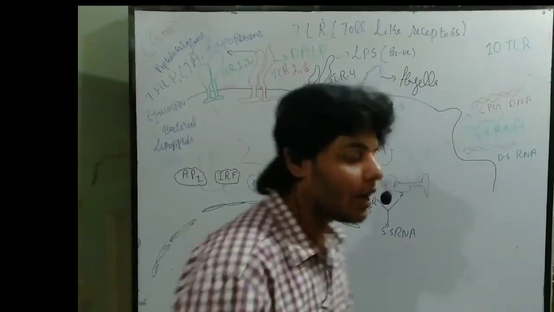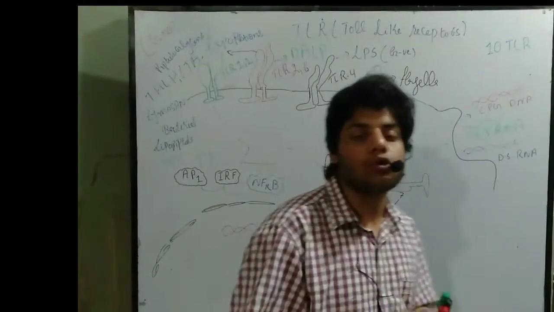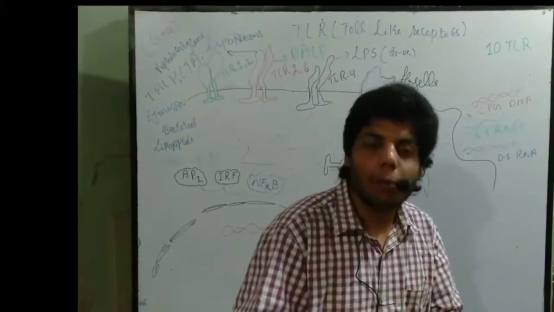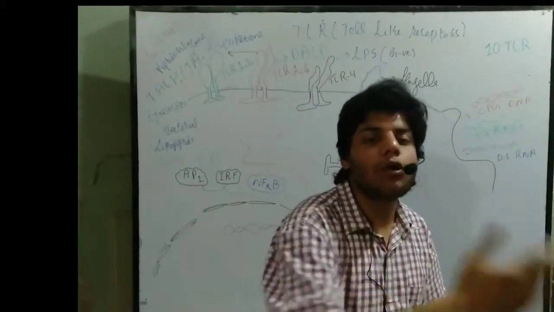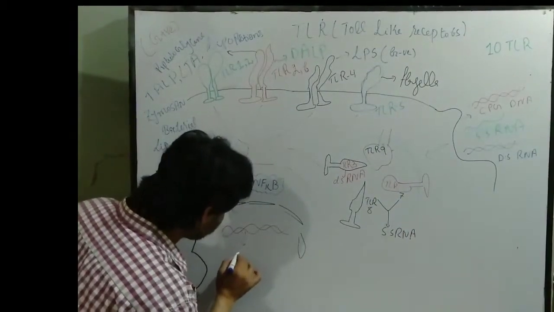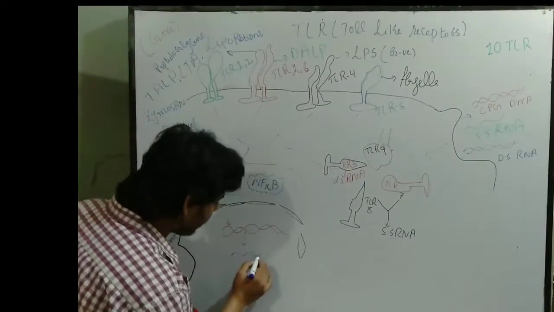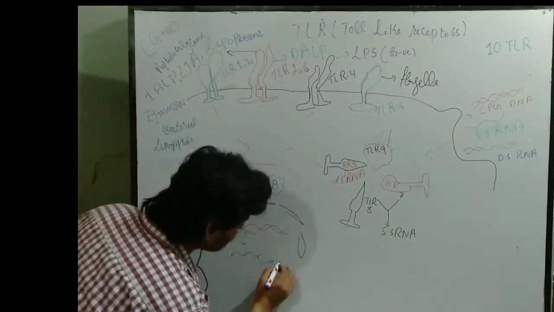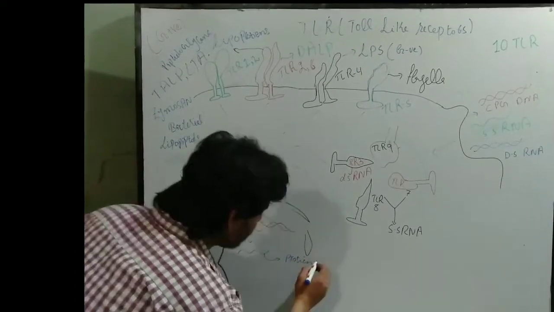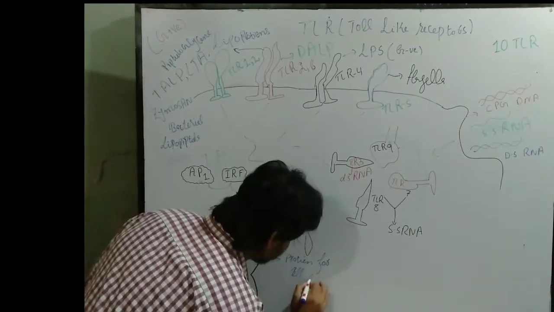This messenger RNA will then be translated and produce a protein, which we call a protein signaling molecule. Each protein signaling molecule will activate some other cells, for cell signaling.